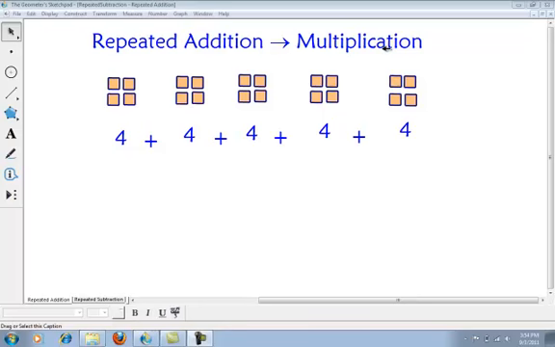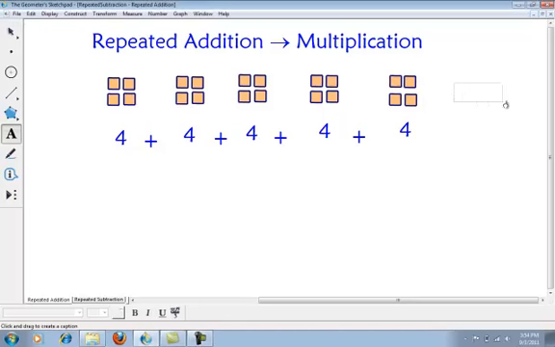Now, remember when you were first learning multiplication, you started with repeated addition. And your teacher told you that 4, like a picture here of 4 tiles, 4 plus 4 plus 4 plus 4 plus 4 has a value of 20. That's 1, 2, 3, 4, 5, 6, 7, 8, 9, 10, 11, 12, 13, 14, 15, 16, 17, 18, 19, 20.